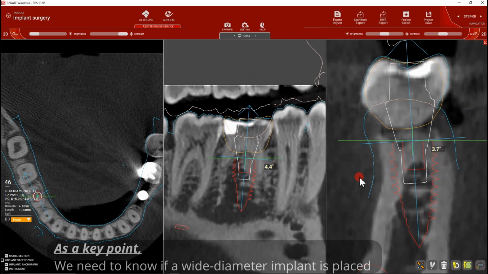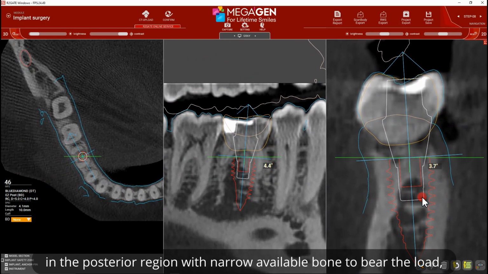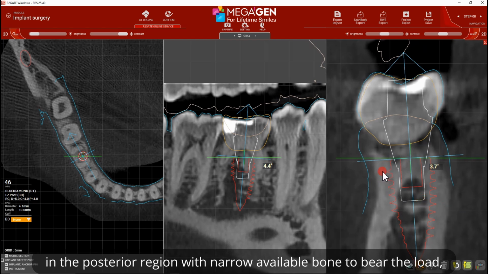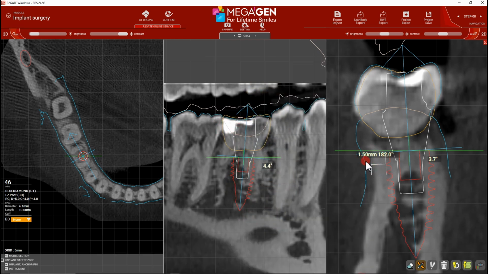As a key point, we need to know that if a wide diameter implant is placed in the posterior region with narrow available bone to bear the load, extensive GBR is required to obtain at least 1.5 millimeters of buccal bone to support the implant.